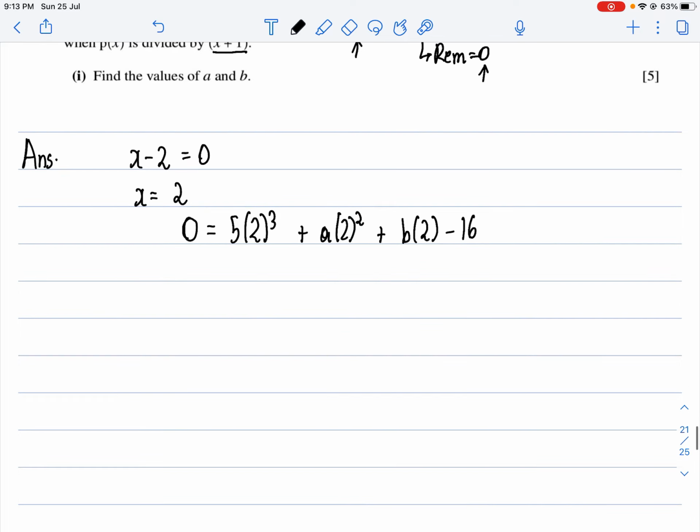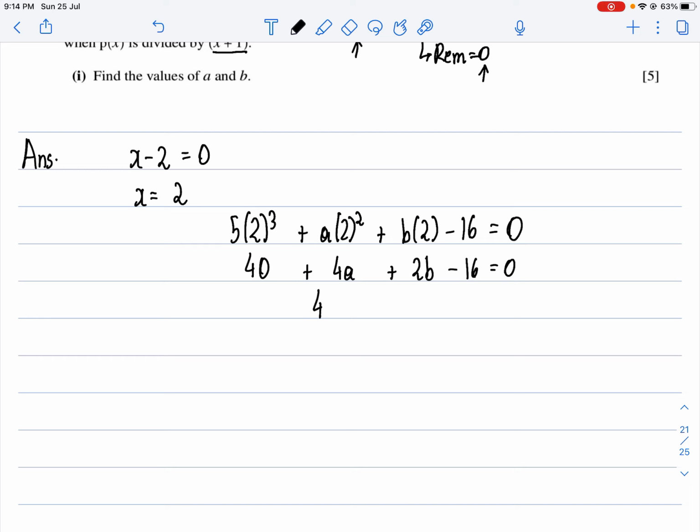Got it? Simple. I'll actually write this on the other side so that it's easy to understand. I'll equate this to 0 here because that's the remainder. So now I simply do 5 into 2 cube, which is basically 5 into 8, which is 40, plus I get 4a plus 2b minus 16, which is equal to 0. Correct? So 40 minus 16 basically gives me 24.